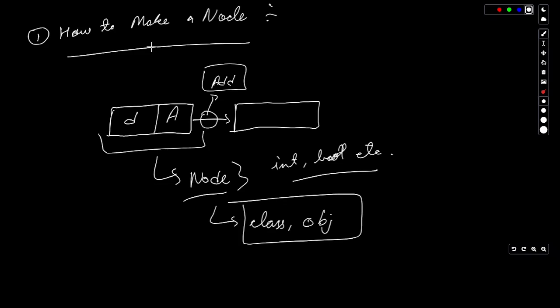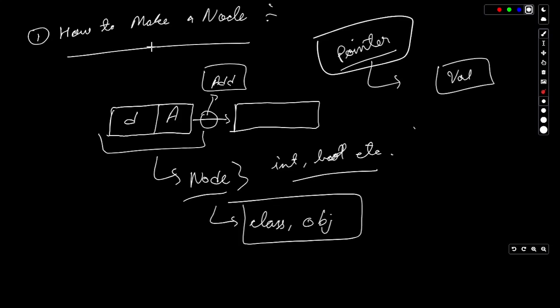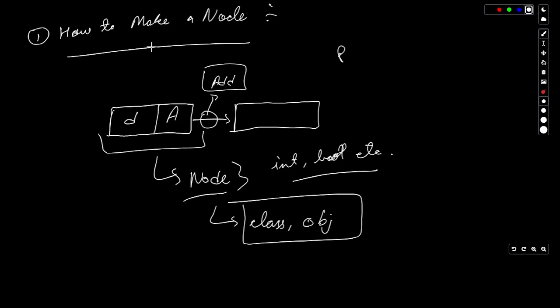if you have a basic idea about pointers, pointers are like memory pointers. So what is a pointer? A pointer stores a value's address. So it is, you can say, a variable.